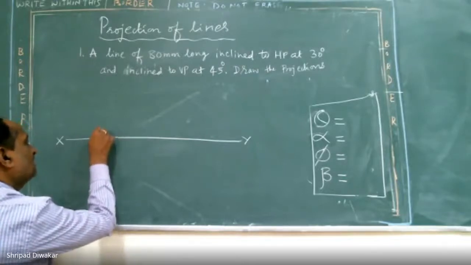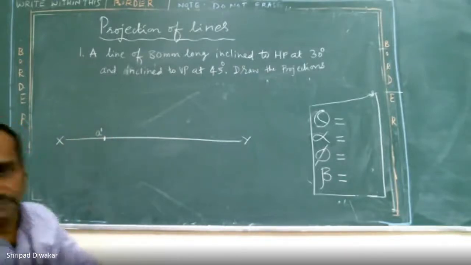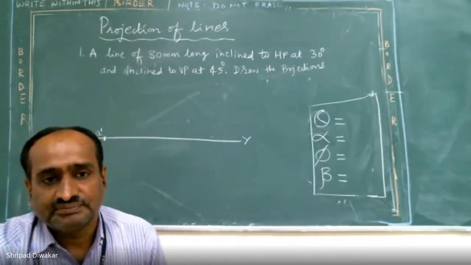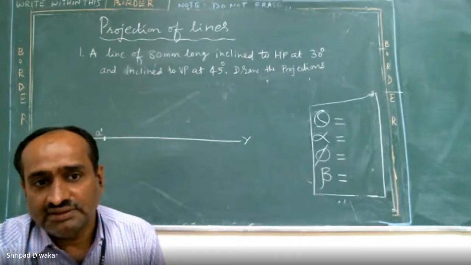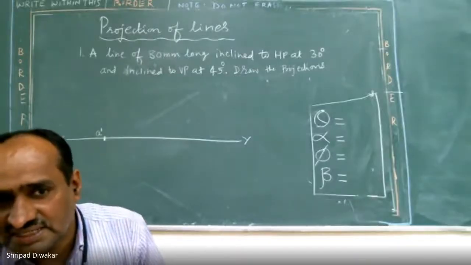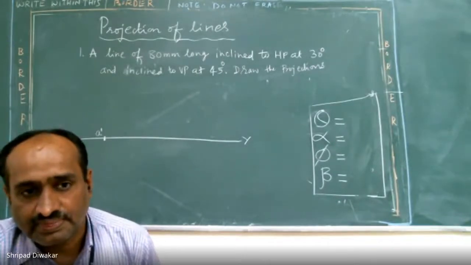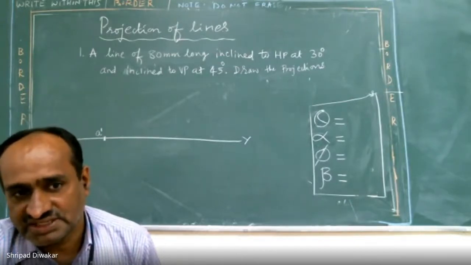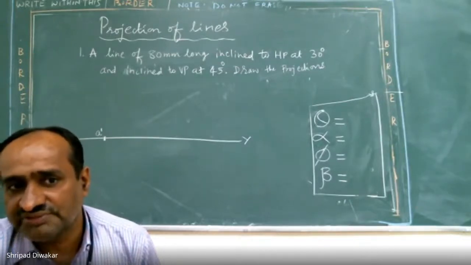Directly mark that point as A dash, at any distance, anywhere on the XY line. Mark one reference point A dash, and with reference to that point only we are going to do everything.